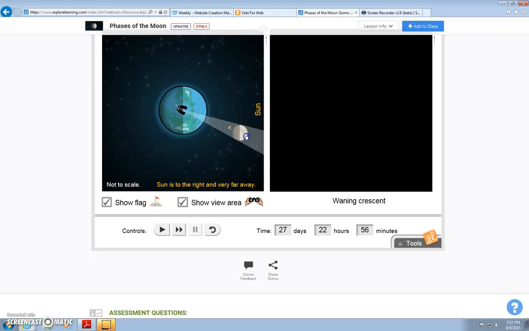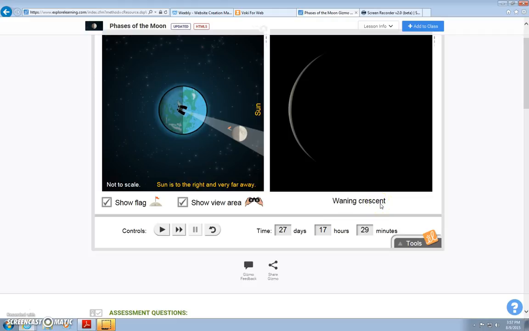It's a little sliver now, so that means it's almost at its smallest, and we're at 27 days. So we know our moon phase cycle is about 30 days. So we can note that our last moon phase before it starts again is a waning crescent.